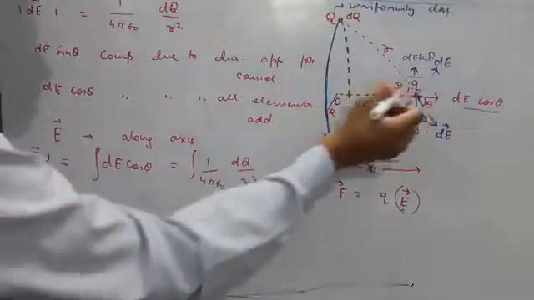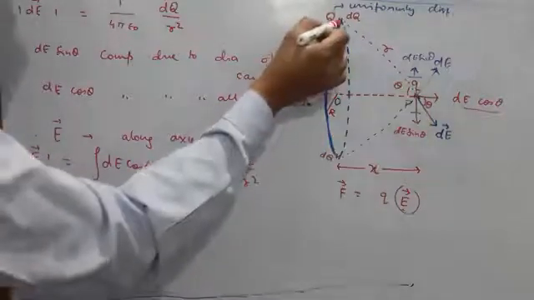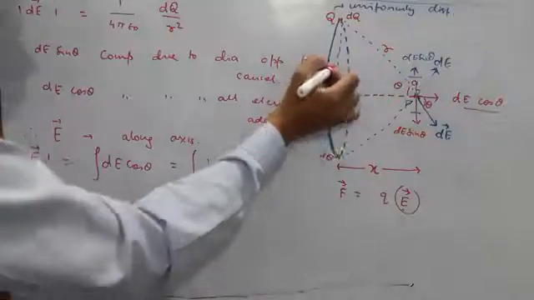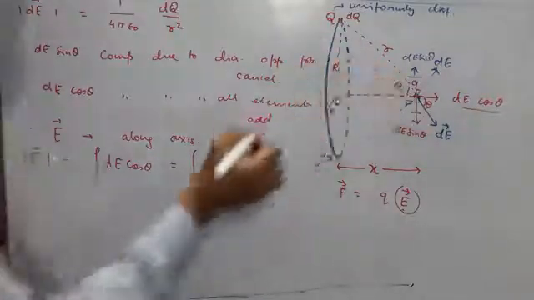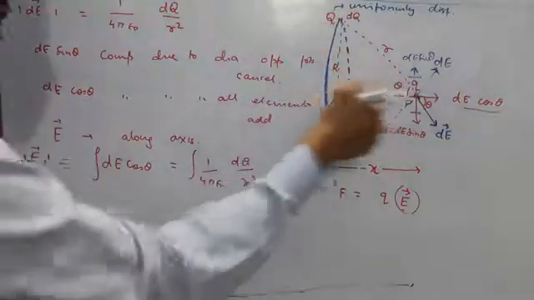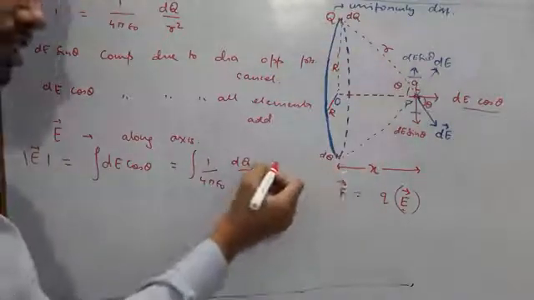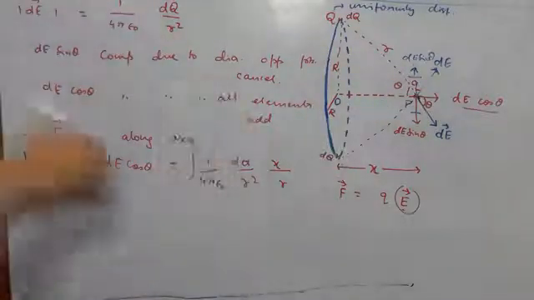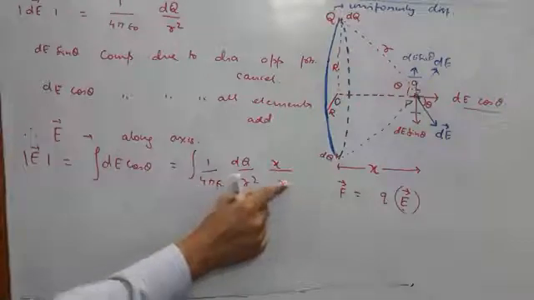In this triangle you can find cos theta. Now this is your radius, that is capital R. Cos theta in this triangle will be base upon hypotenuse. This base is nothing but the distance x, and hypotenuse is nothing but r. So this r and r square will become r cube.